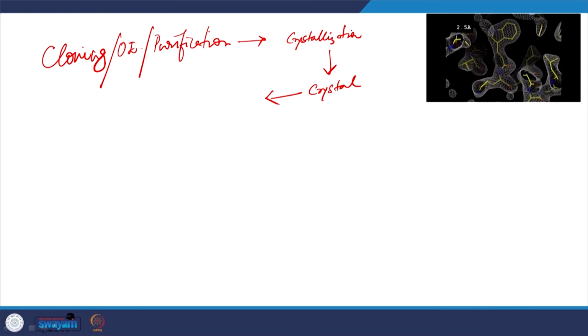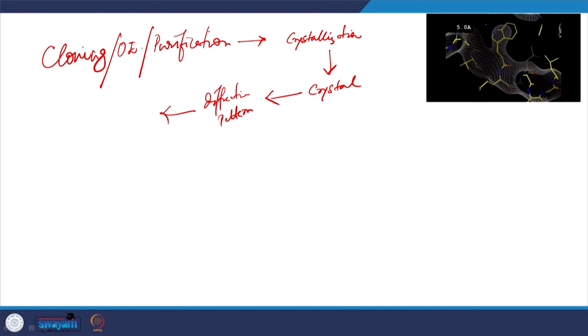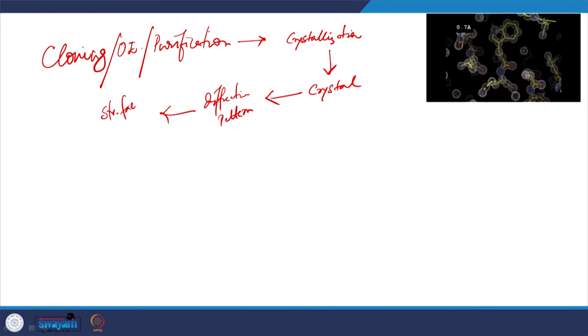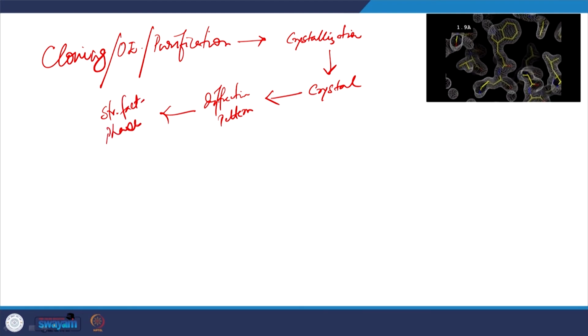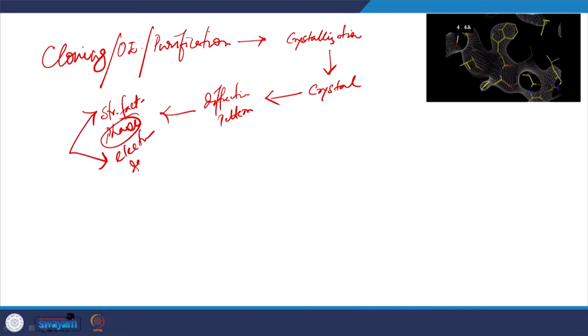So, we use the crystal for the diffraction pattern. From the diffraction pattern we get the structure factor as well as the phase, so in the structure factor we have two components, amplitude and phase, and then electron density.